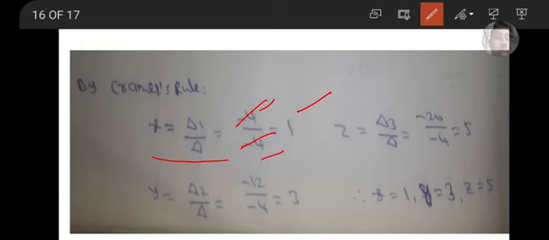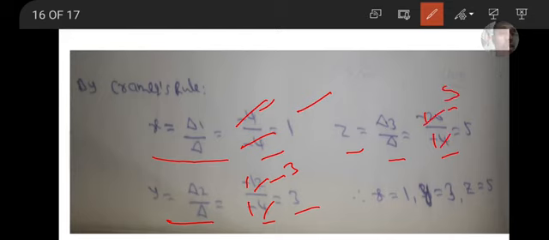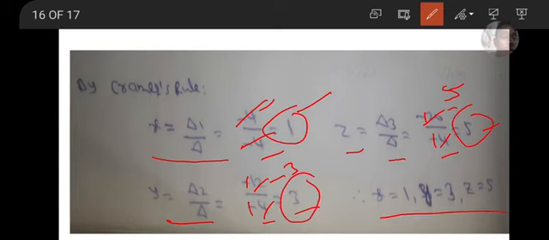And y value is delta 2 by delta, minus 12 by minus 4, which is 3. Therefore y value is 3. z equals delta 3 by delta, that is minus 20 by minus 4, the minus cancels out, 4 fives are 20. Therefore z equals 5. So x equals 1, y equals 3, z equals 5 is the solution of these linear equations. Okay, this is Cramer's rule.